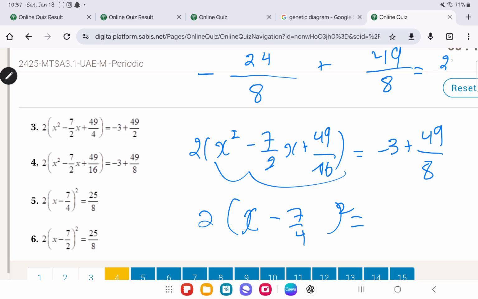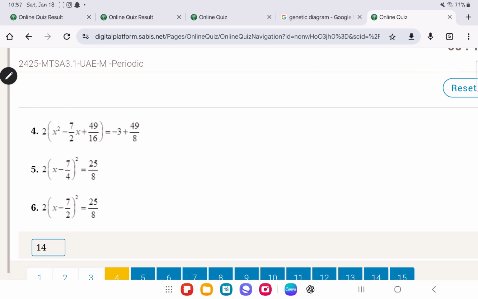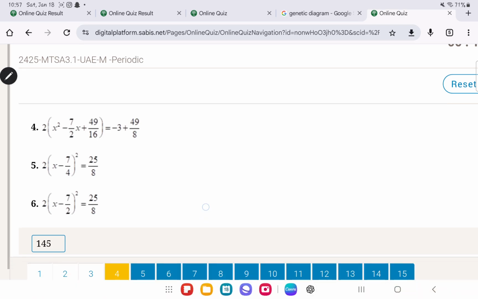And it's going to give us an answer of 25 over 8. So we are given then the final answer, which is 2 times x minus 7 over 4 squared is equal to 25 over 8. So it is option number 5.